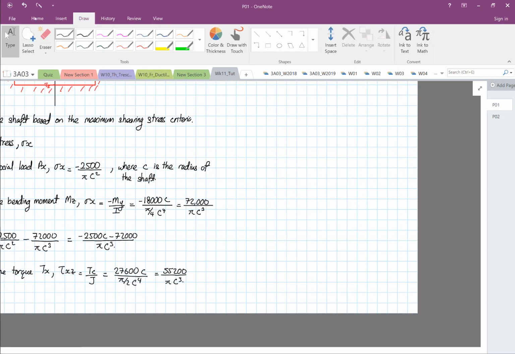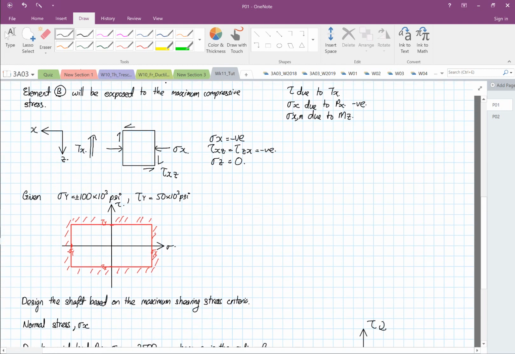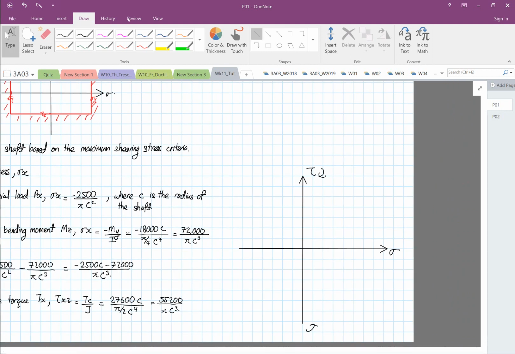Okay, so we know that this is our normal stress. We have our shearing stress. So normal stress, shearing stress, element rotate clockwise, anti-clockwise, and we call this our point X. This will be our point Z. Okay, so we have our shear.